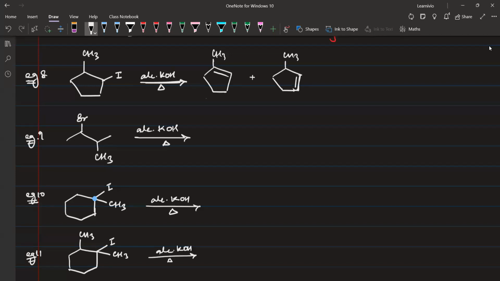So this will be major. I'm just going to denote which is going to be the major. Here you have everything as it is apart from the halogen atom, and one more will be formed. So you will have one like this and the other one this here. Then here also same thing, everything as it is apart from the halogen atom. So CH3 will be as it is here.